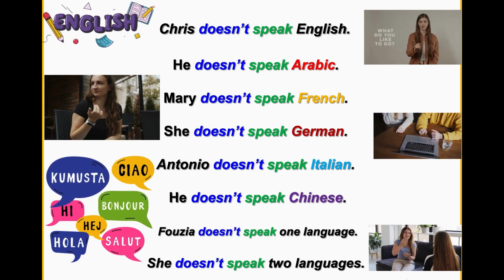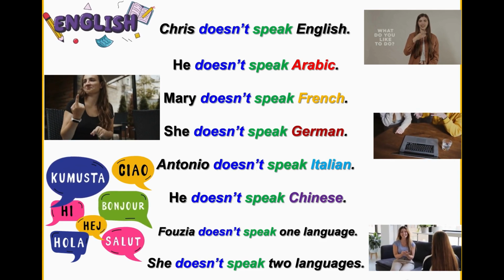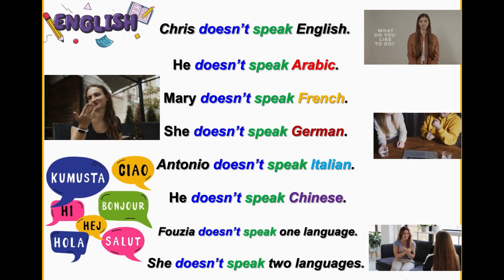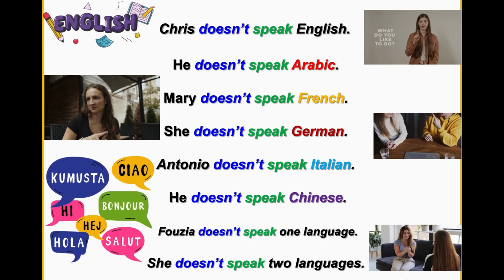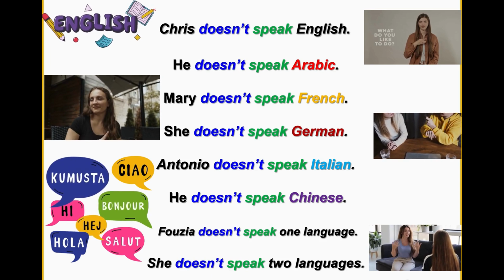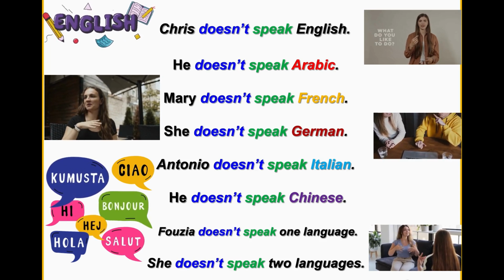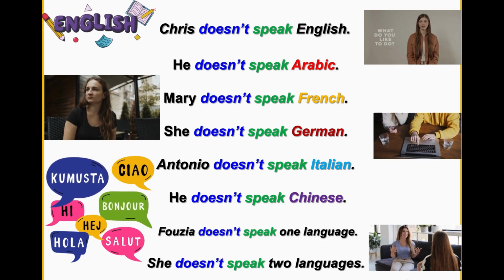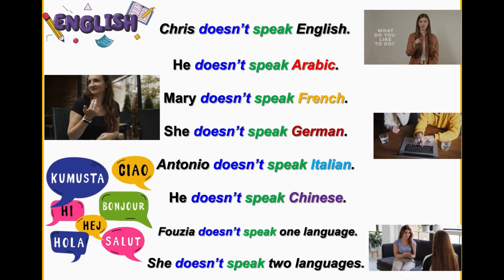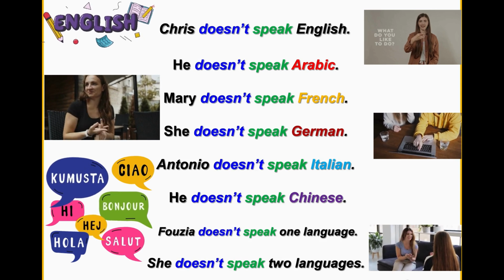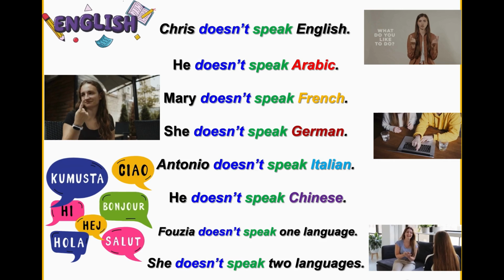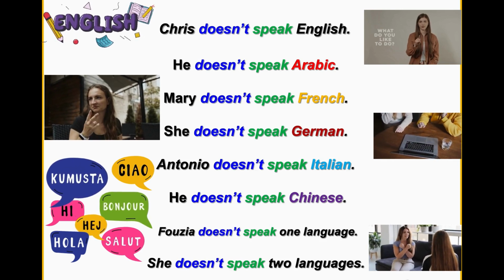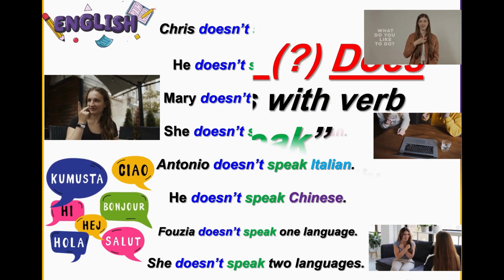Antonio doesn't speak Italian. He doesn't speak Chinese. Fuzia doesn't speak one language. She speaks 2 languages. She doesn't speak 3 languages. So you see, doesn't speak. So we don't have S with the verb when we have the word doesn't. Let's practice them. Let's go to the question form.